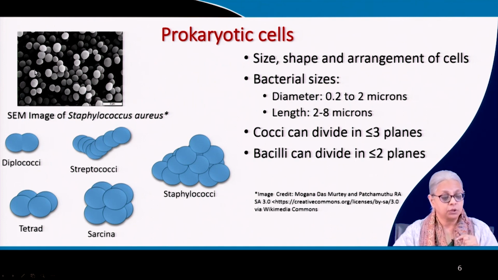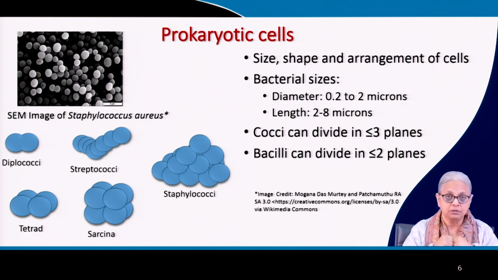So if you have cocci similar to this particular species, Staphylococcus aureus, let's imagine that we have a single coccoid cell. If it reproduces in one plane, just like a line, a line is your one-dimensional reproduction, and this coccoid has split into two, so it's a diplococci.